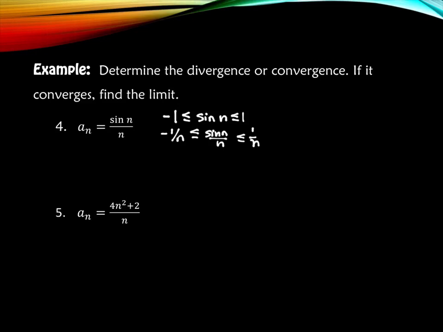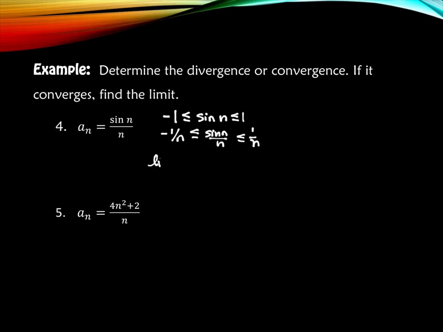Now that's very nice, because this middle part right here is exactly what I'm looking for, sine n over n, right? And these outer two pieces, we know what happens to them as n goes to infinity. We've seen all those pieces, so we're actually able to take the limit.